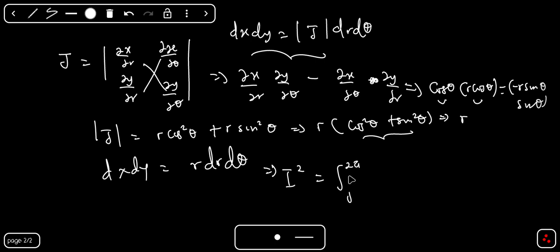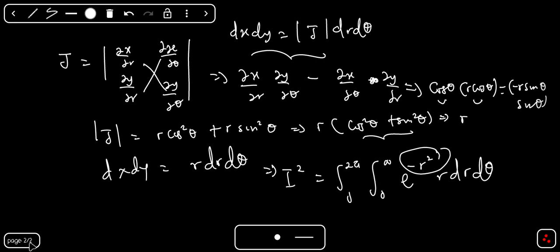Don't forget, I said theta is in between 0 to 2 pi for the x-axis. That's why we have 0 to 2 pi here. Then the integral from 0 to infinity of e raised to the power of negative r squared, r dr, d theta. So you'll be wondering how we have negative r squared here.